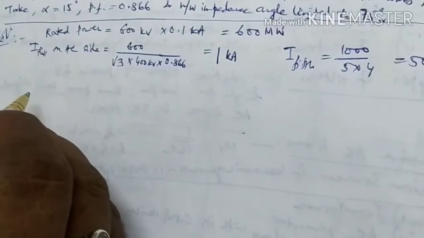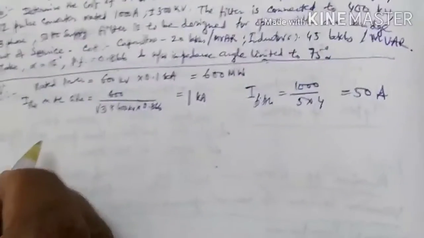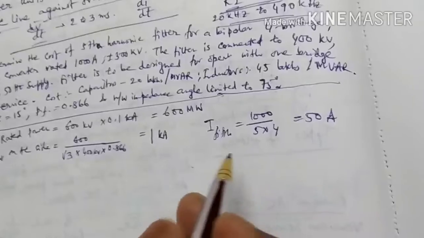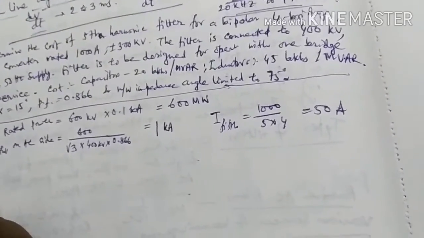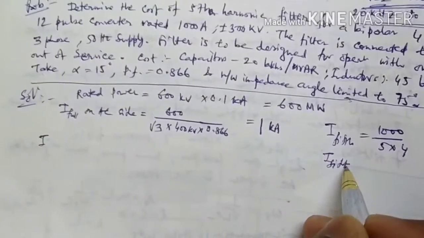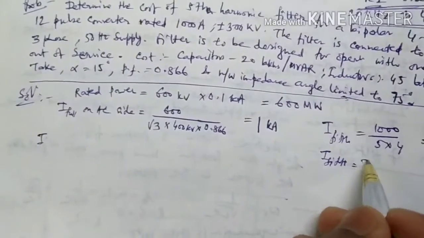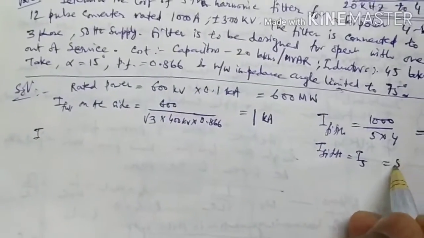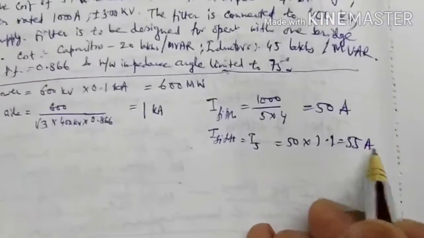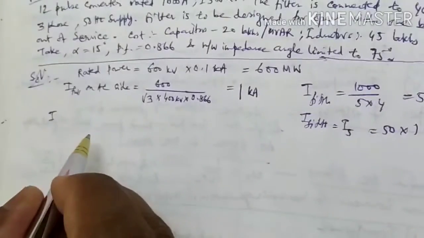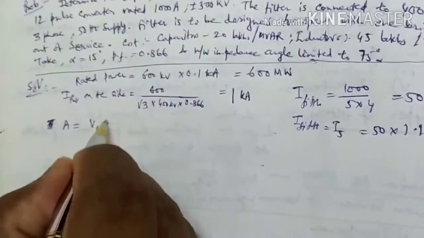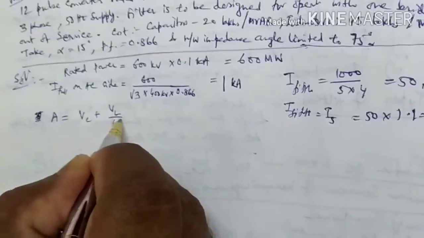And the correct overlap angle is to be taken. Since it is not given, it will be taken 10% more. So I5 will be equal to 50 into 10% more, that is 55 ampere. And now A will be equal to VC plus VL by H square.